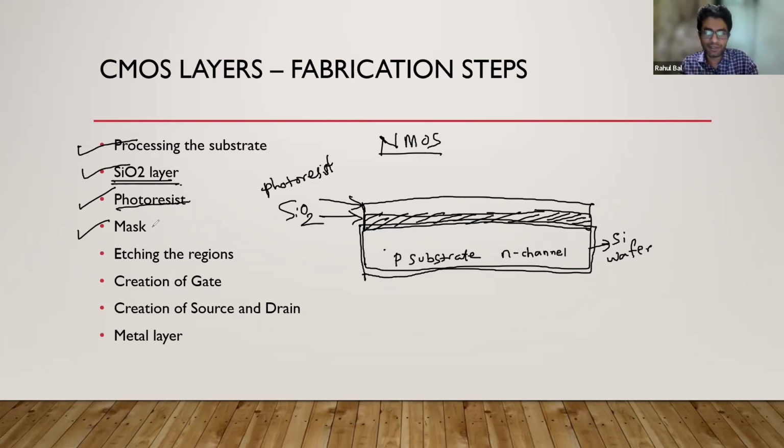We build some design on the trace paper, and then we put that on the white paper, and that design will get printed on that white paper, right? The same way this mask will work. It has some design patterns on it. So here we will use the mask.